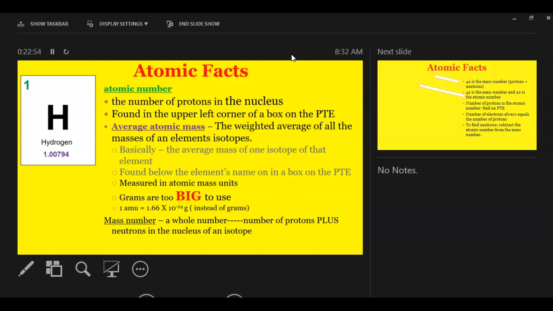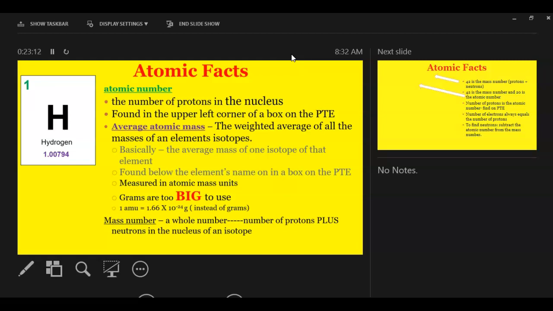So if I want to figure out how many neutrons are in hydrogen 1, I'm going to subtract my atomic number from the mass number. This guy is the mass number. So what did we decide? What's the atomic number for hydrogen? 1, right?